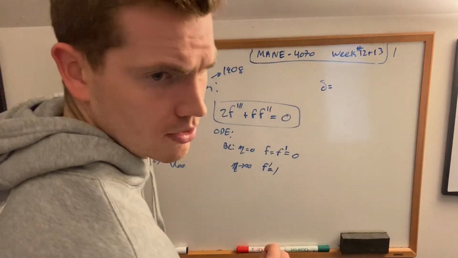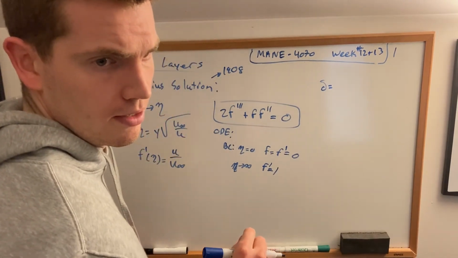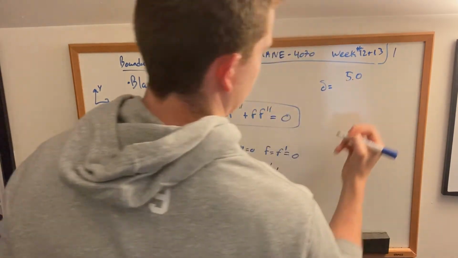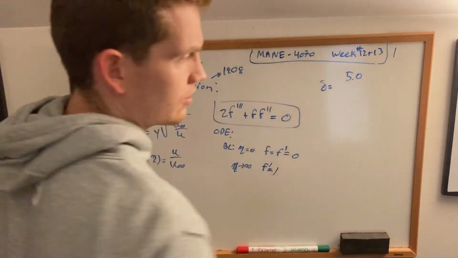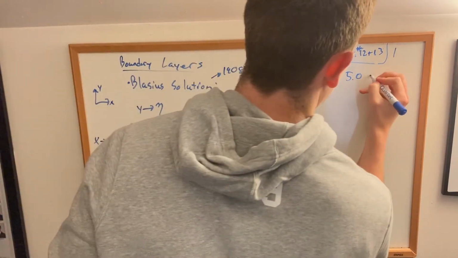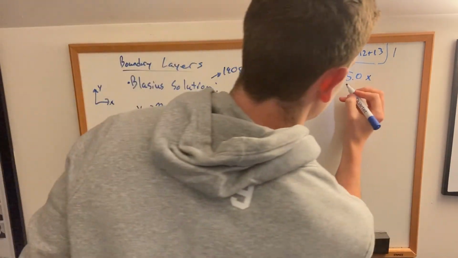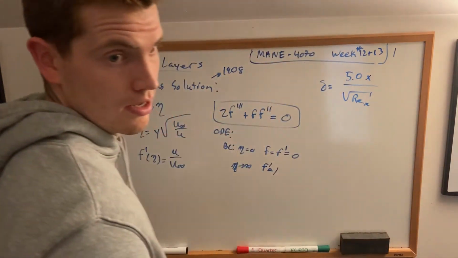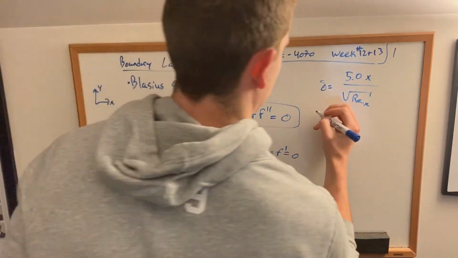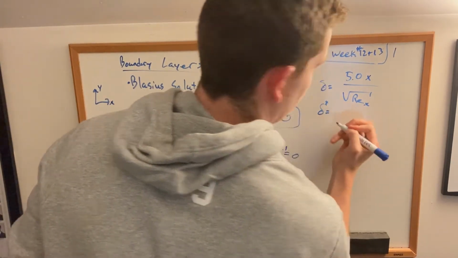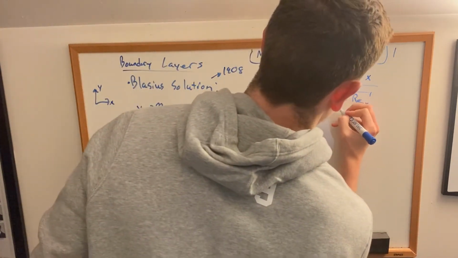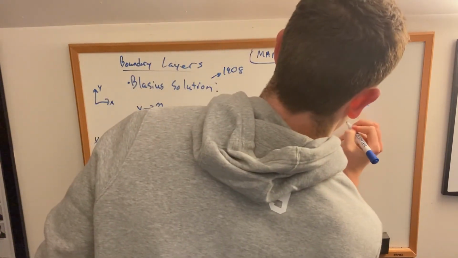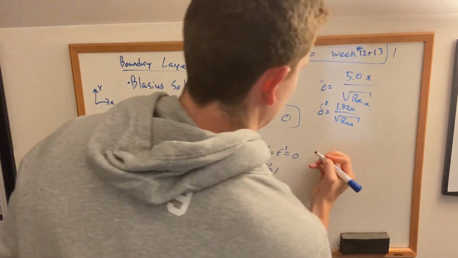More important results are the laminar boundary layer thickness. From Blasius, we get that delta is given as 5 times x, you know what x is, over the square root of Reynolds number with respect to x. And then we also have displacement thickness, which can now be given as 1.72x over the square root of Reynolds number with respect to x.